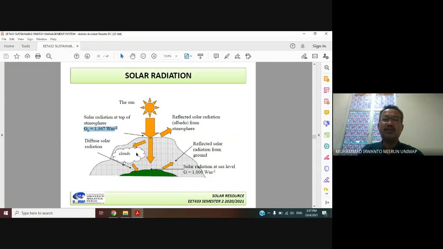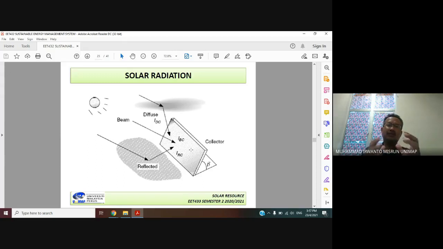Maybe there is cloud here, from the sun it goes to the cloud, and then to the area of the earth. Maybe the grass or tree reflects it onto the object. Now the total we call the global solar radiation.